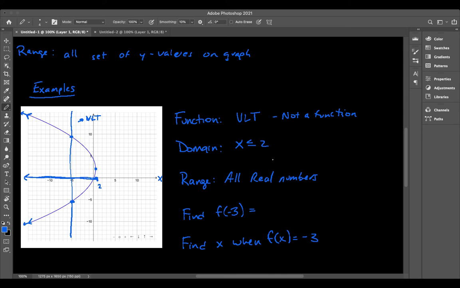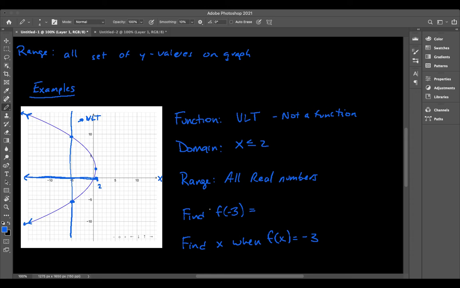The input is always going to have an output if it's less than positive 2. Hopefully you can understand that. So the range would be all real numbers in this situation.